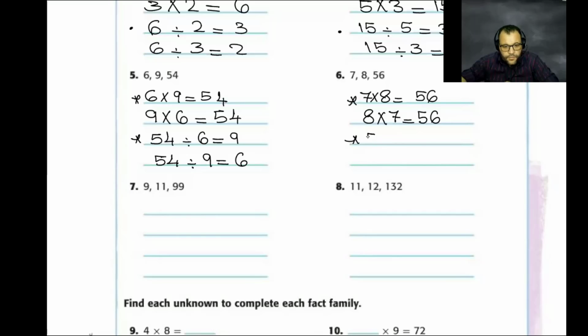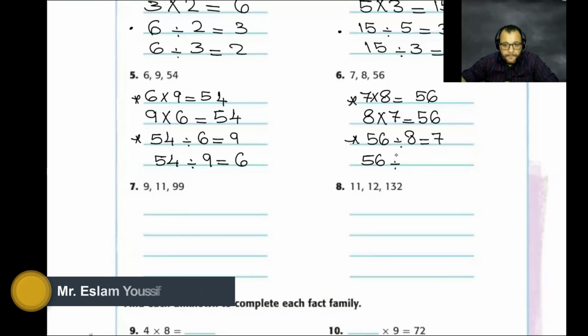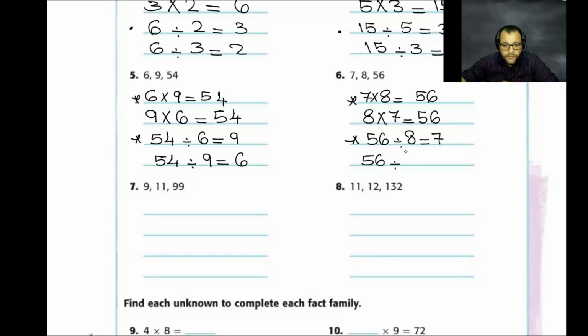And 56 divided by 8 equals 7. Yes. 56 divided by 7 will be 8.